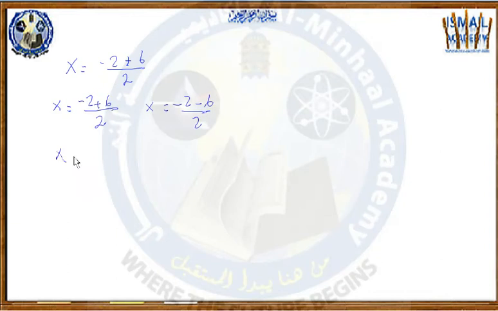So I will end up having x equal 4 over 2, or x equal minus 8 over 2. When you simplify, x will be equal to 2, or x will be equal to minus 4. Is that clear? This is how you split this expression into two expressions. Is that clear, everyone?